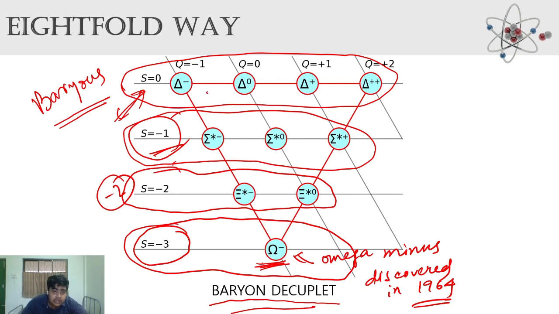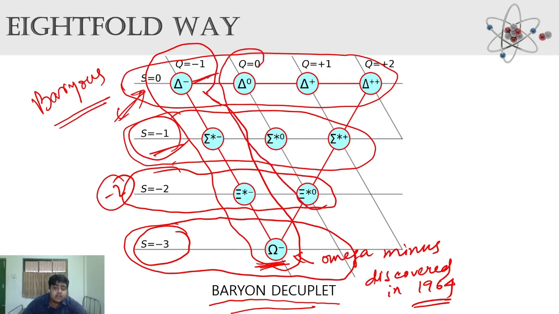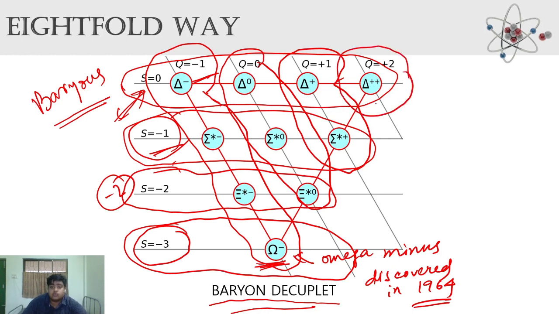Now, moving on vertically, these four particles have a charge of -1. These three particles have a charge of 0, and these two particles have a charge of +1, and this particle has a charge of +2.